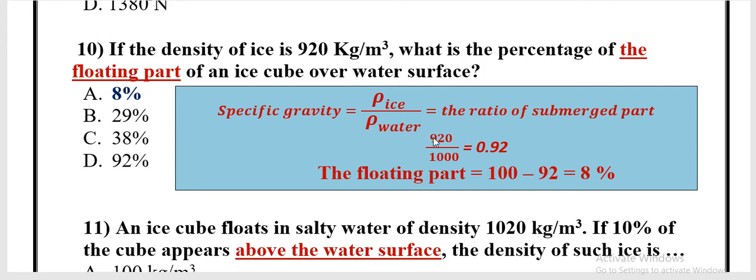So the density of ice over the density of water will equal 0.92. So this value is the submerged part. So the floating part will equal 100 minus 92, that will equal 8%.